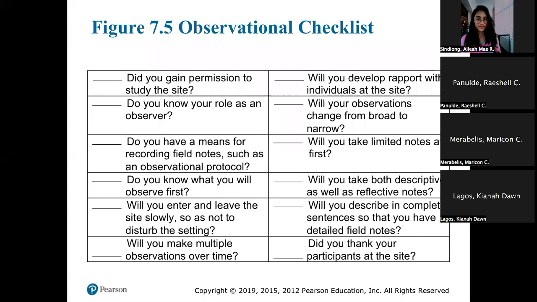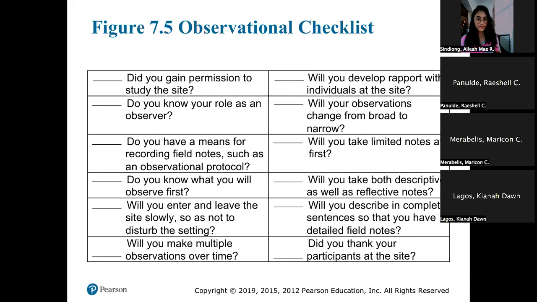Did you gain permission to study the site? Do you know your role as an observer? Do you have a means for recording field notes, such as an observational protocol? Do you know what you will observe first? Will you enter and leave the site slowly so as not to disturb the setting? Will you make multiple observations over time?